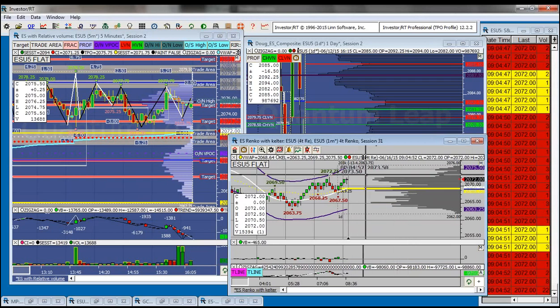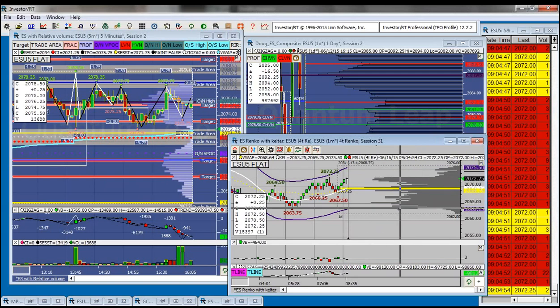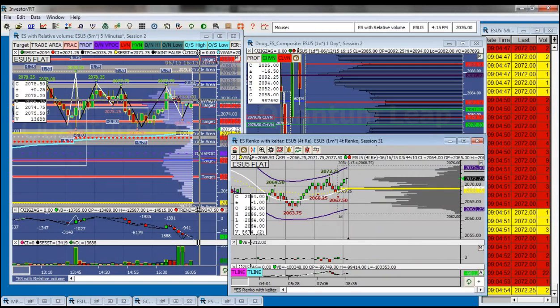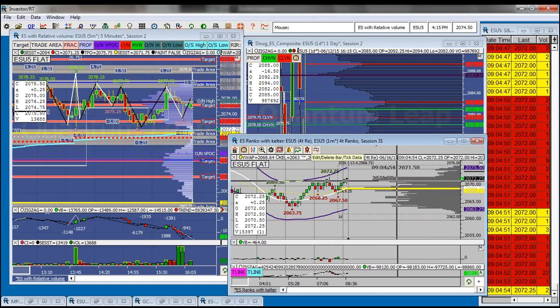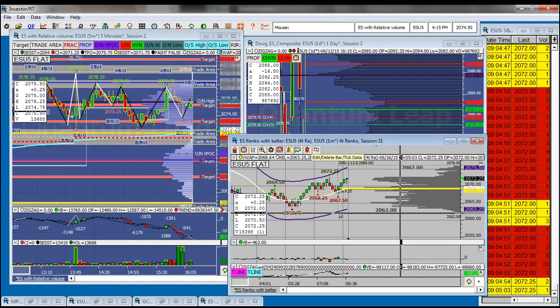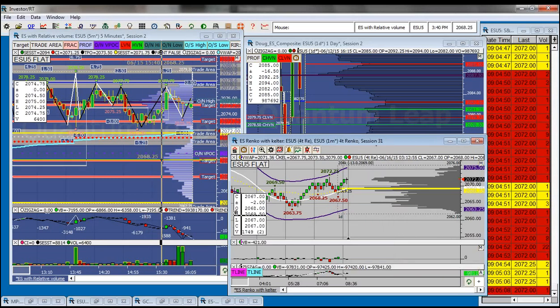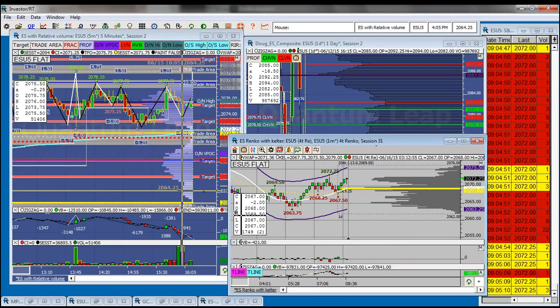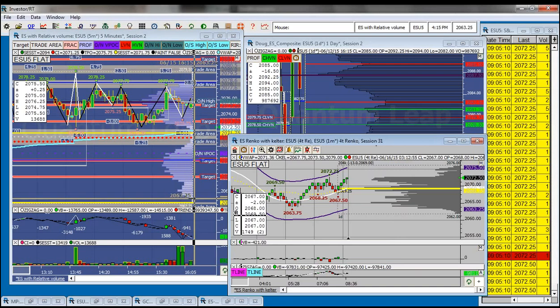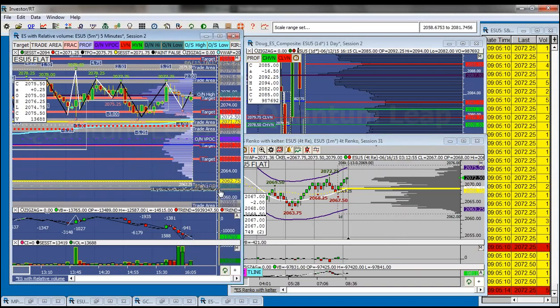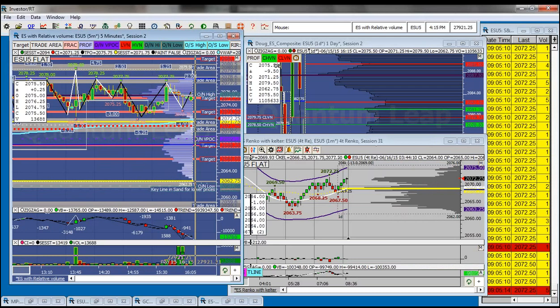We're above it, and a test of the upper Keltner is going to take us into the naked close and the naked VPOC at 75.50 area, and below, a test of the lower Keltner is going to take us into that 63 area, which is going to be down near the overnight low and that key line in the sand. So that's what I'm looking at in the ES.